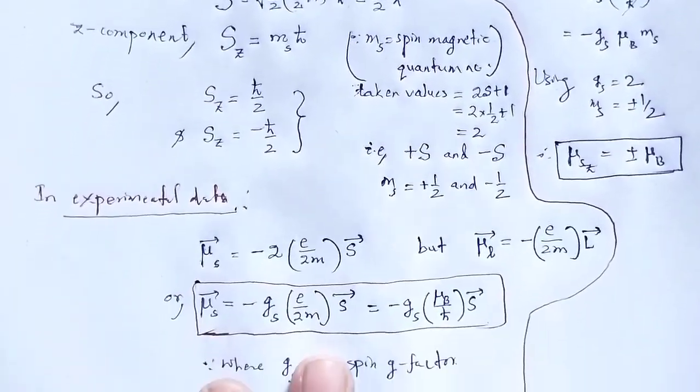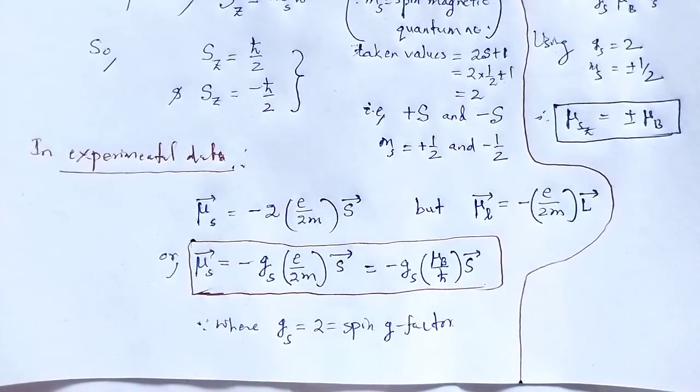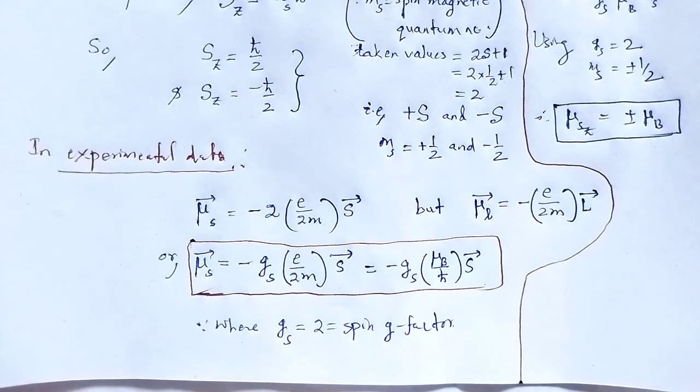Finally, due to the discovery of electron spin, we can overcome the drawbacks of the Bohr-Sommerfeld atomic model. That means the spectral lines of atoms other than the hydrogen atom and the anomalous Zeeman effect can be easily explained by using electron spin.